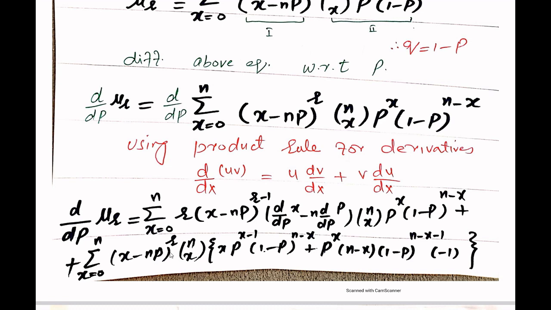x minus np power r, write the first term as it is, and ncx is a constant, take it outside, and then take the derivative of this term. As you can see, these two terms also have product with each other, so we can apply the product formula here again.